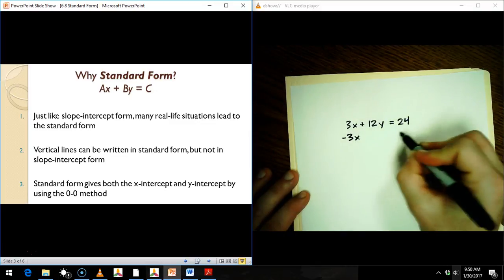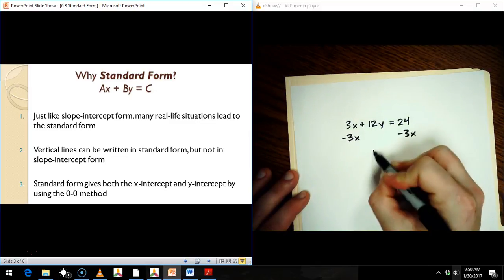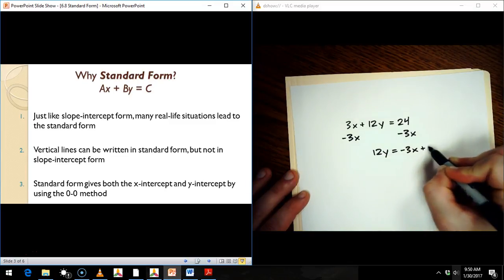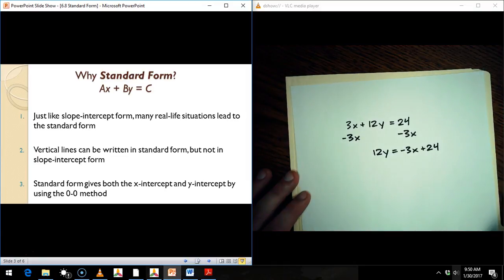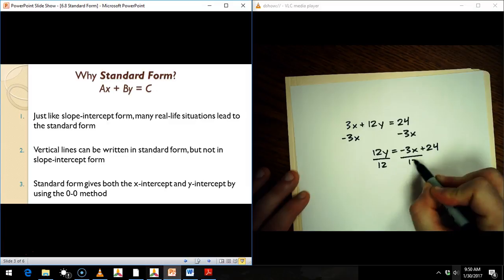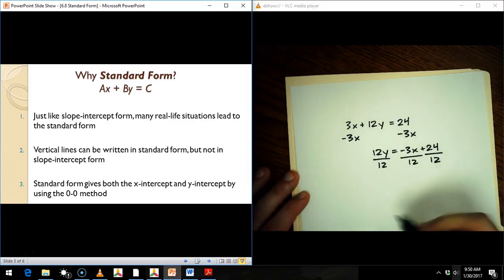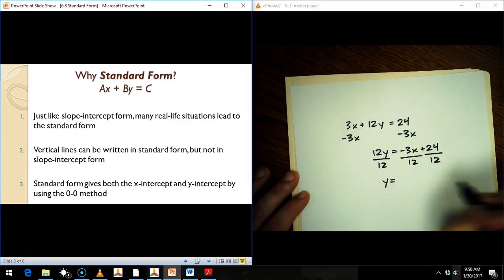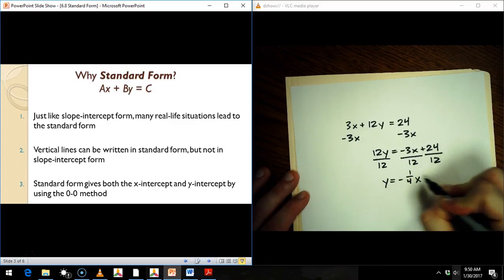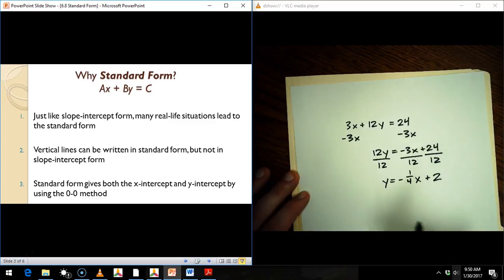Take away 3x from both sides. You're left with 12y equals negative 3x plus 24. Divide everything by 12. Y is equal to negative 1/4 x plus 2.